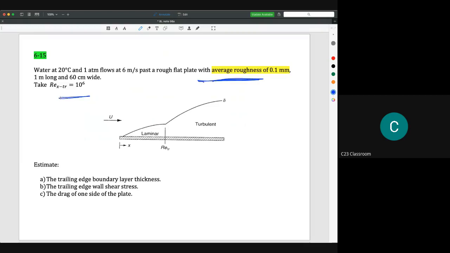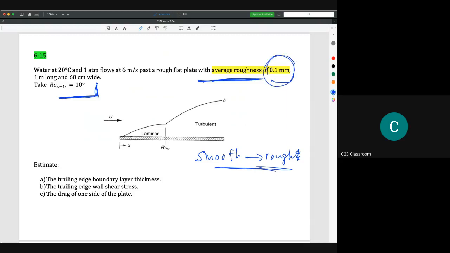Take the Reynolds transition is the same as the previous question, which is 10 to the power of 6. So the difference here is, in the previous question, we used a smooth plate, but now it's not smooth, so it is rough. Okay, it is rough, and the roughness is given as 0.1 millimeter here.